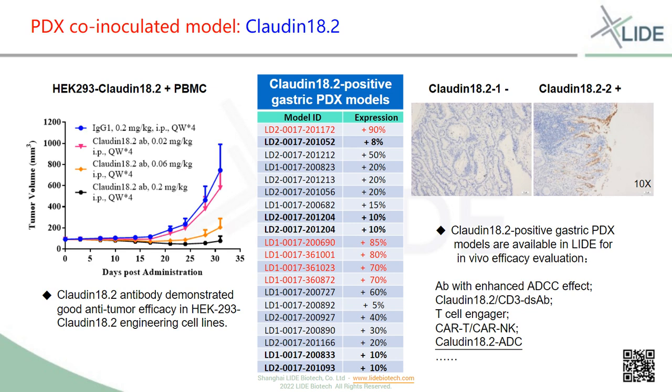You will see here the growth of HEK293 Claudin 18.2 cells was gradually suppressed with the increased dose of anti-Claudin 18.2 antibody in our human PBMC and cancer co-inoculated model. And in our biobank, there are quite a few cases of Claudin 18.2 highly expressed gastric PDX samples. We also validated this data by IHC staining, which could be used in various IO drug evaluation.